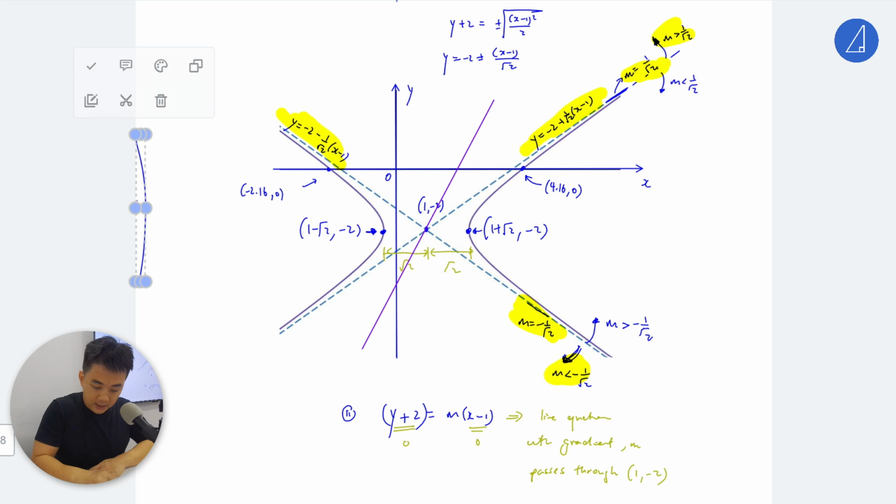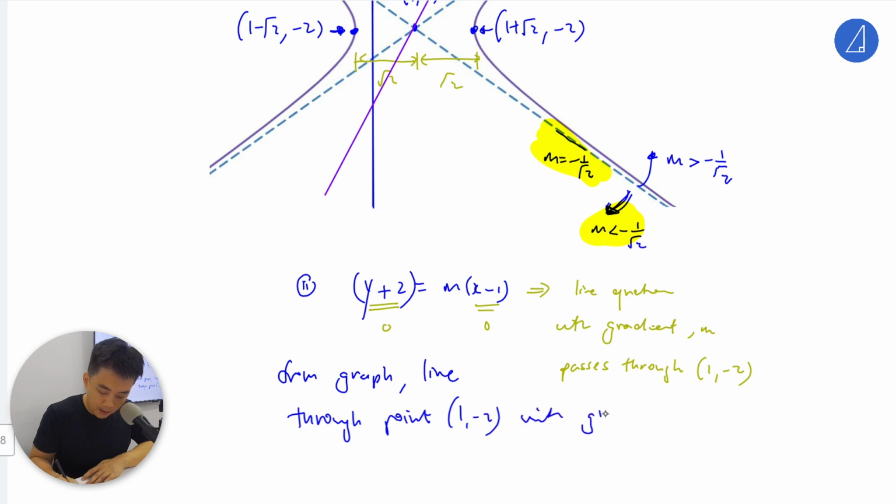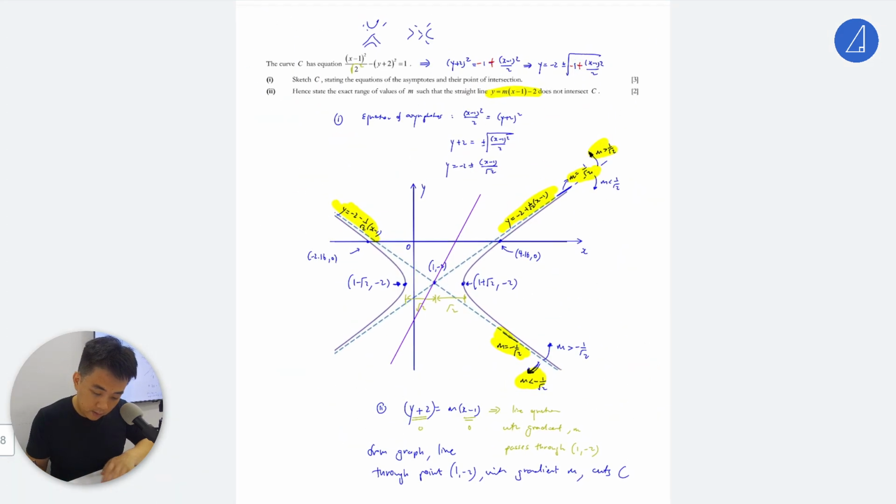So this case here, from graph, line through point 1, minus 2 with gradient m cuts C. They want what?